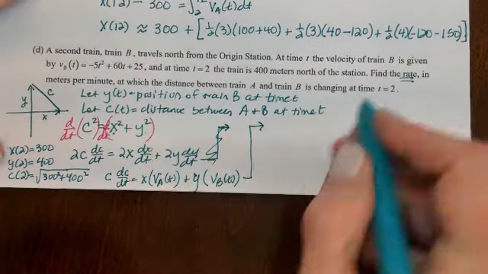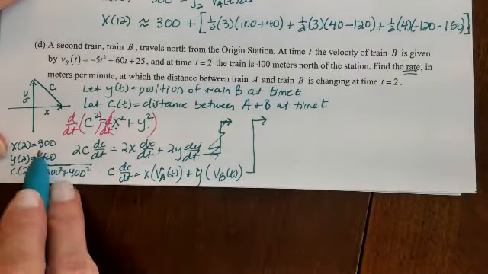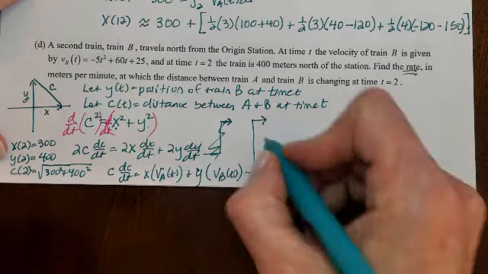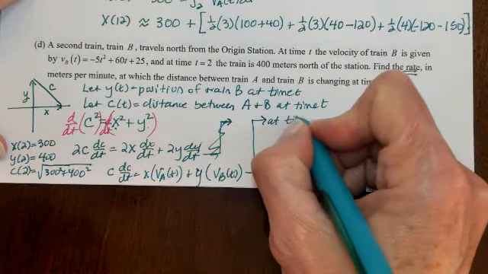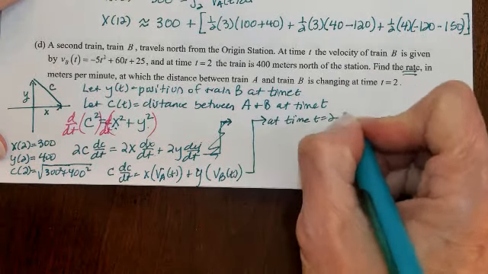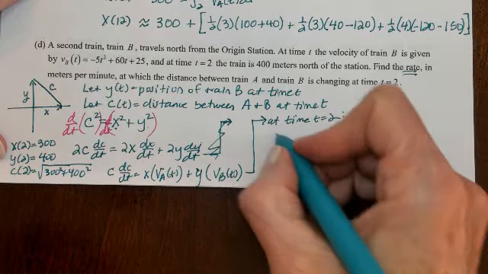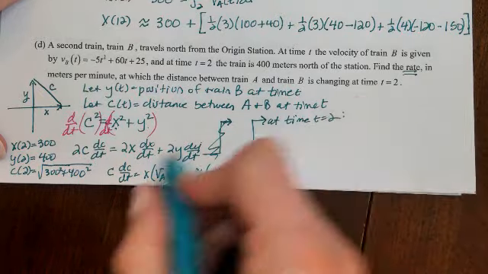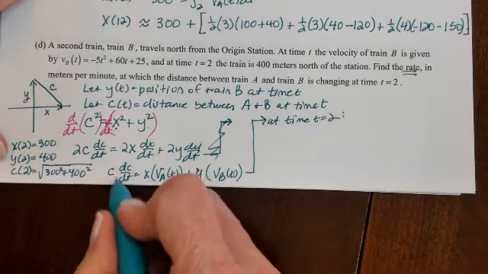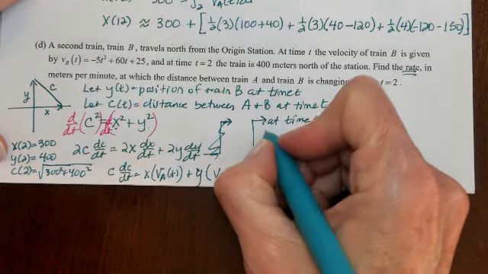Okay, so now I can put these values in for x, y, and C at time t equals 2. I'm looking for dC/dt, so I'll write that out.